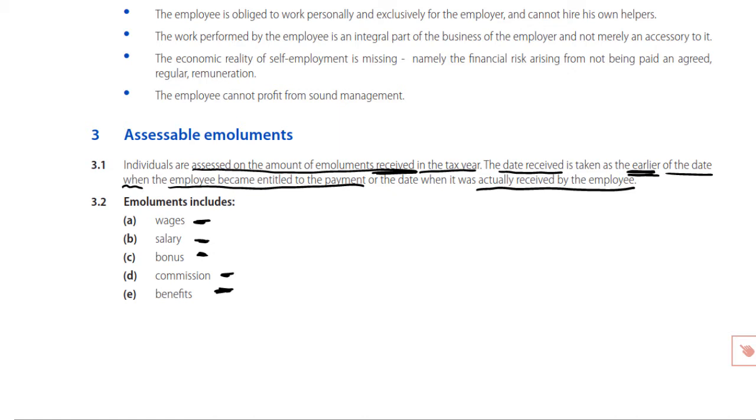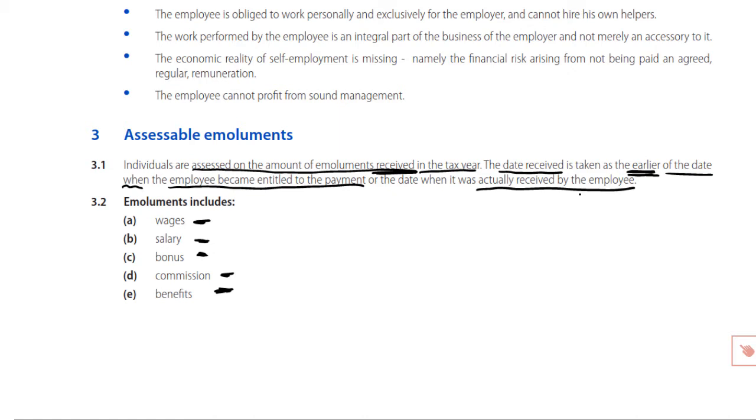When you actually received it, the 10th of April 2017, that's in the 2017-18 tax year, whereas the date when you became entitled, March 2017, is in the 2016-17 tax year. It would be very easy for an employee to arrange with their employer to delay the payment a few days, a few weeks, maybe a month, so as to put it into the next tax year, so I won't have to pay tax on that for a longer period. That's one possibility as to why you might do it, but simply enough, when presented with the two dates, you take the earlier of them.